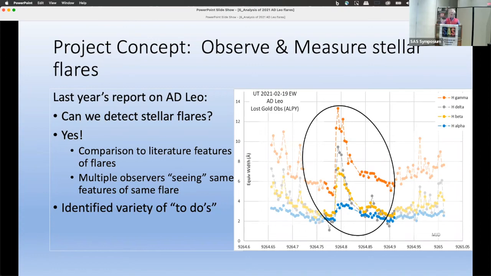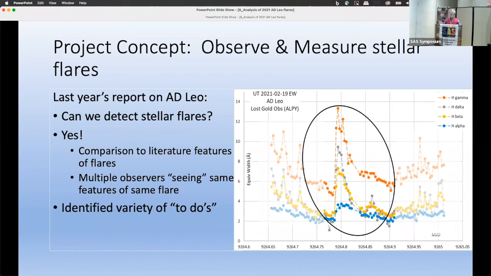The reality of our detections, as I reported in 2021, was validated by the fact that there were several times where Woody and I, separated by about 20 miles and using different equipment, were watching the same star at the same time and saw the same flare. So it's not a local artifact.